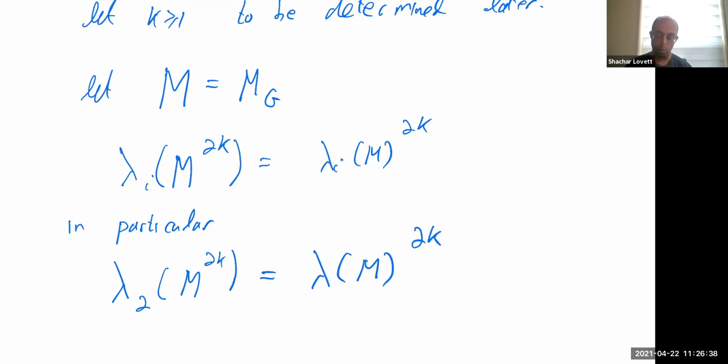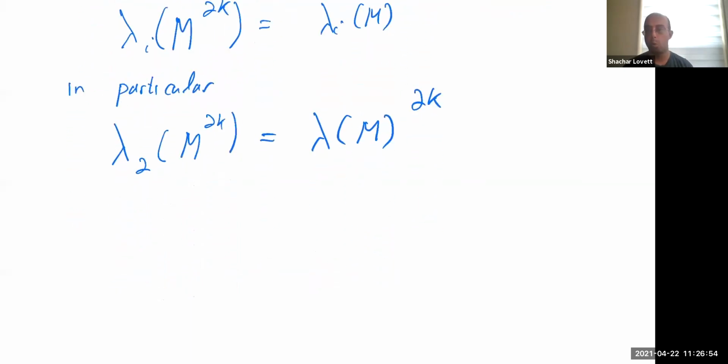Okay, so the goal will be to prove a lower bound on lambda 2 of M to the 2K. And we see that the larger we choose K, the better bound we get. So we'll try to choose K as large as we can, so that our proof would still work. That's our goal. And how do we do it? Well, we've seen one technique to lower bound lambda 2.